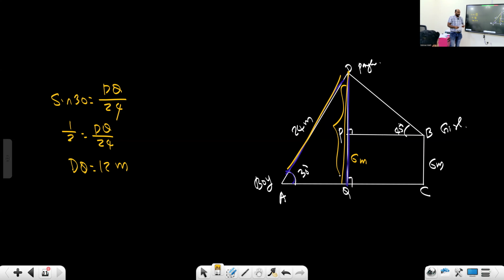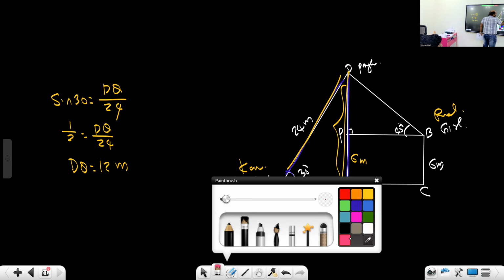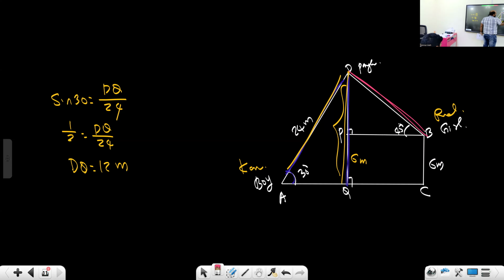Next, they are asking the distance between the paraglider and Ridhima. This is the boy Karan, and this is Ridhima. So, what do we have to find again? What side is this? Hypotenuse. In triangle DPB, just now you got 6, please place it in the diagram.